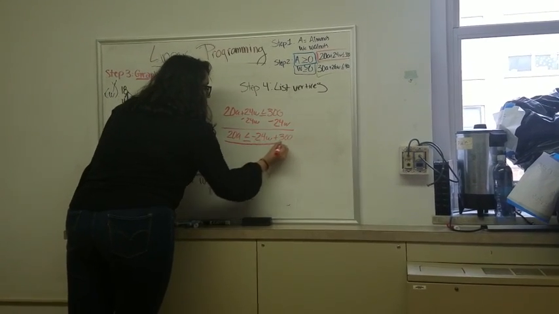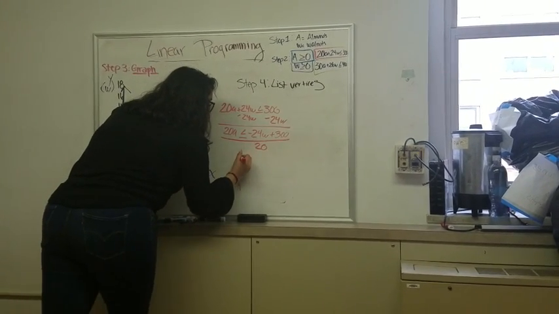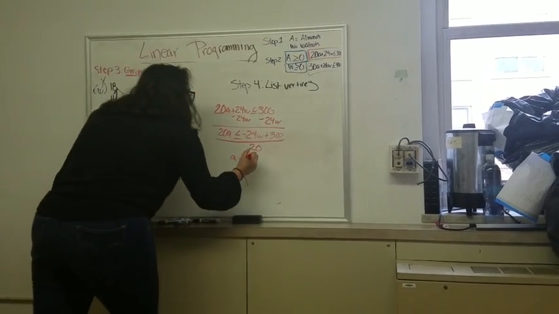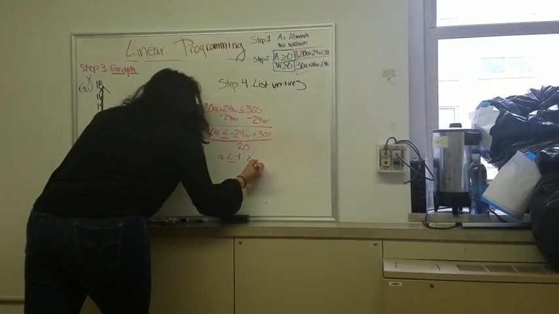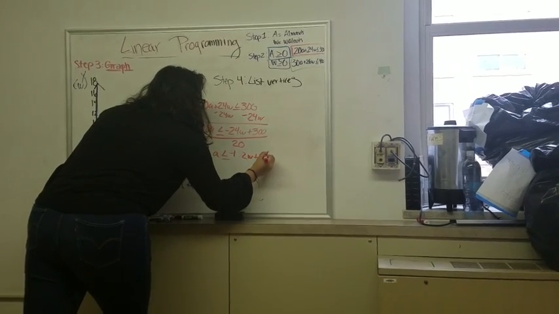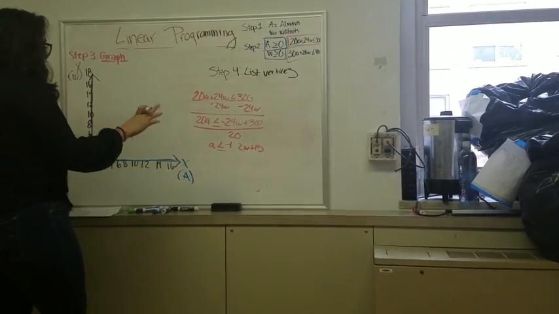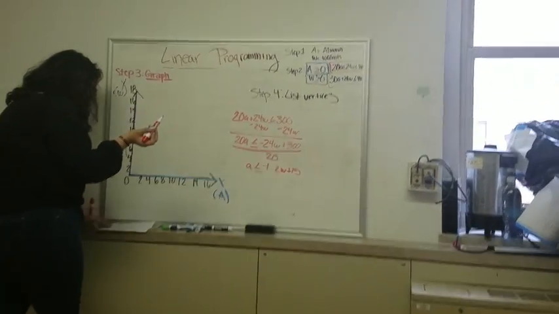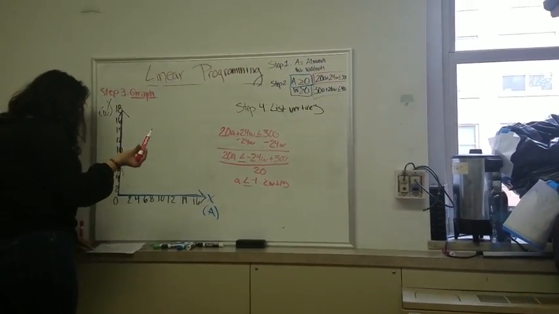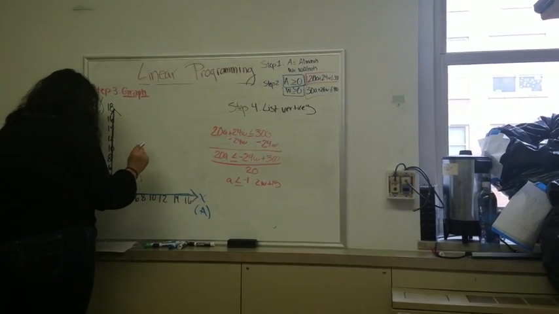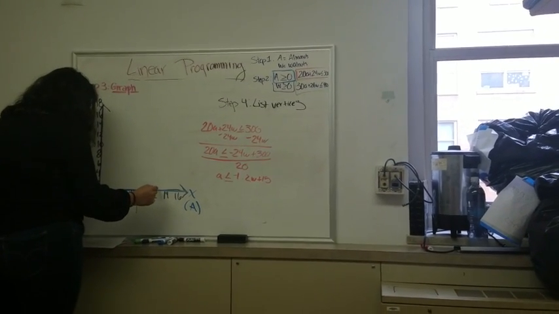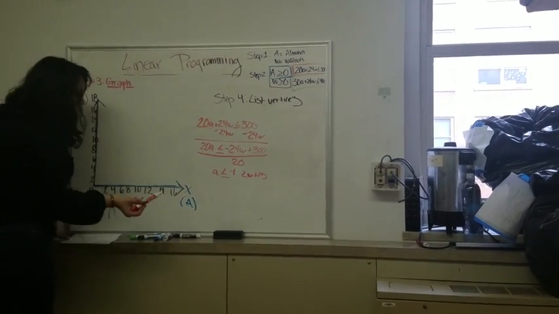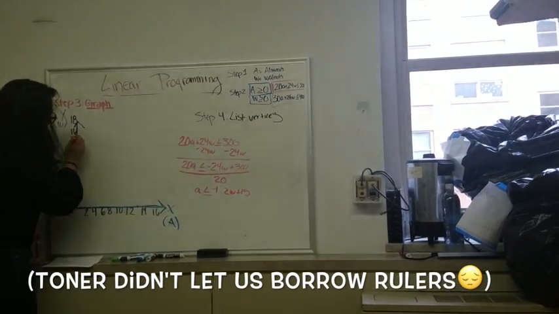Then divide by 20 to get A by itself, so A is less than or equal to negative 1.2W plus 15. Then you graph that one: you go to 15, which is right here, and go down with the slope of negative 1.2W. When you go all the way down here, you get to 13, and it's a straight line down.